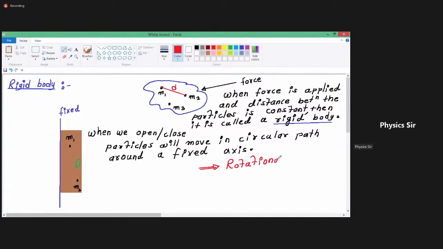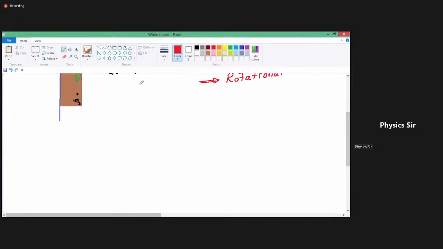So what is the rotational motion? The rotational motion, it is a motion of a body around a fixed axis in a circular path. So let me write a definition of a rotational motion.